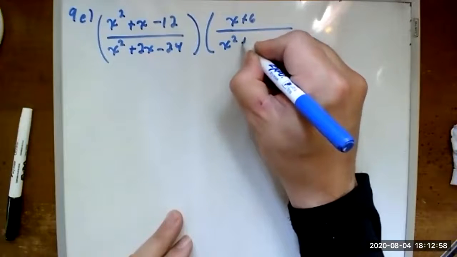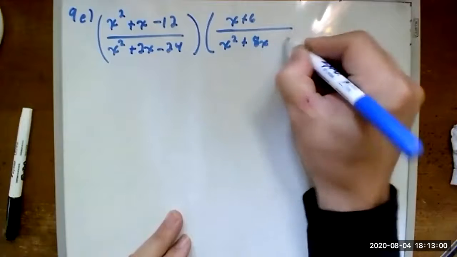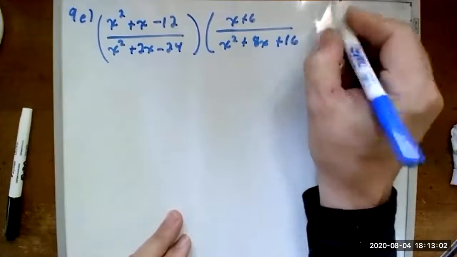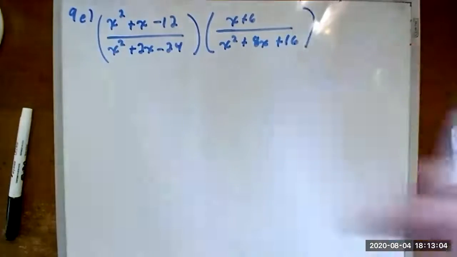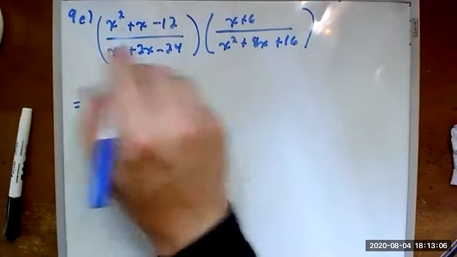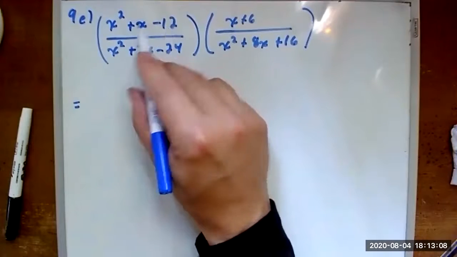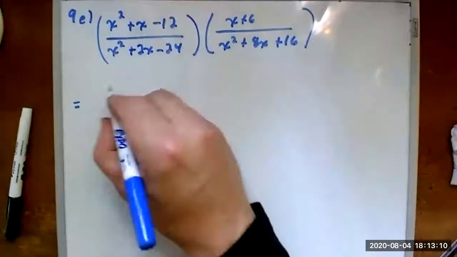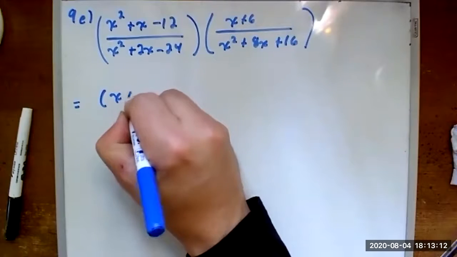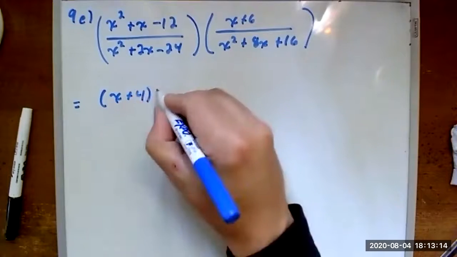And this all multiplies by x plus 6 over x squared plus 8x plus 16. We factor everywhere that we can.